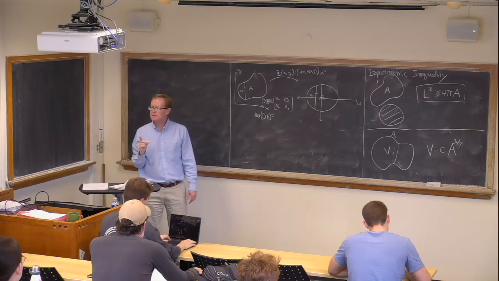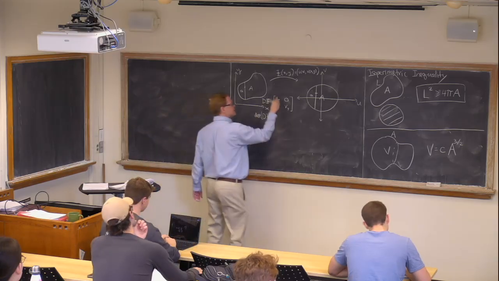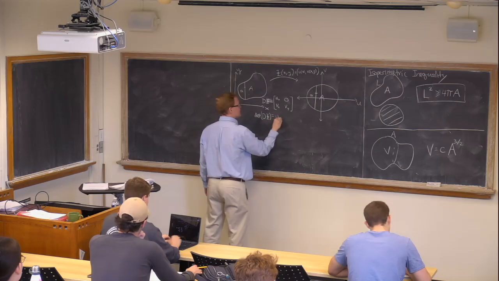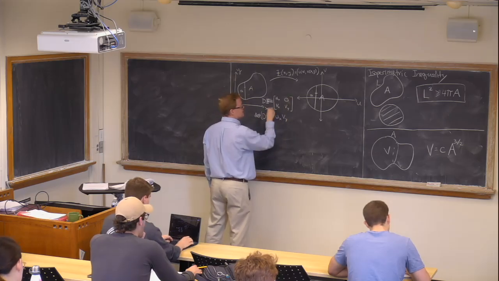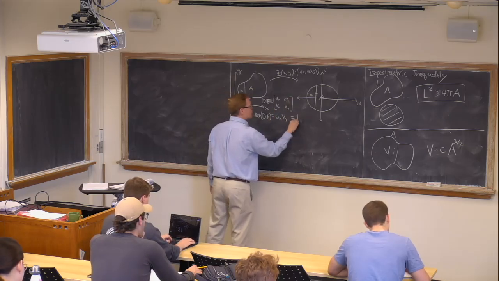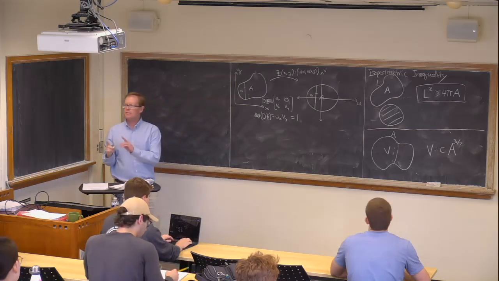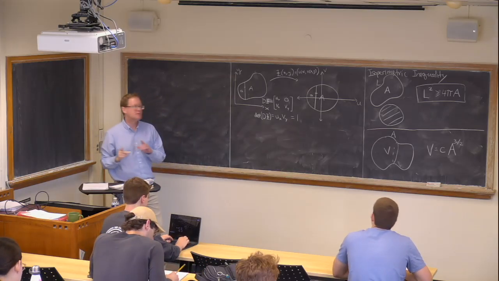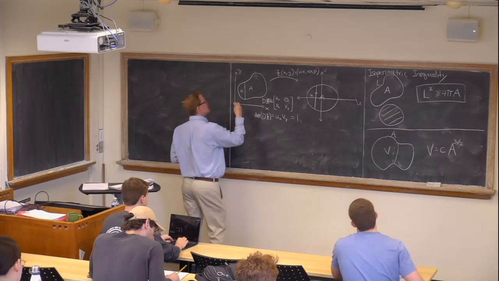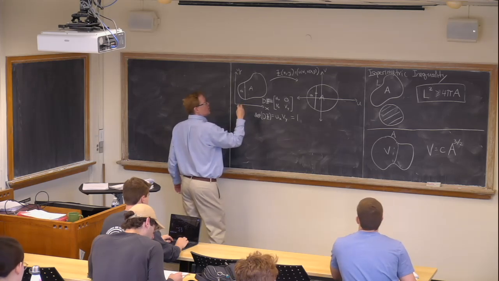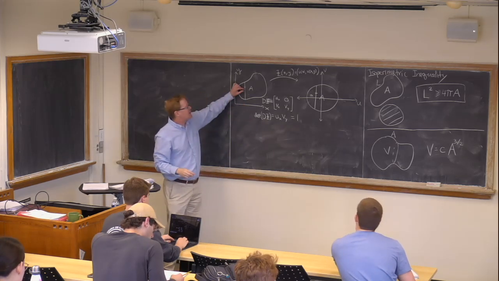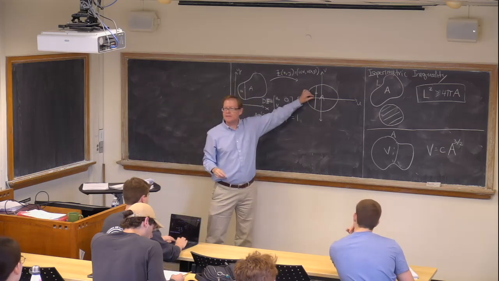The determinant, of course, is this times this minus that times that, so u_x times v_y minus 0. And the claim is this equals 1. Why is this an area preserving map? Because if you take a tiny little rectangle over here, it maps to a tiny little rectangle over there of the same area.